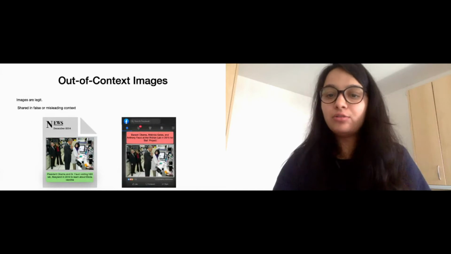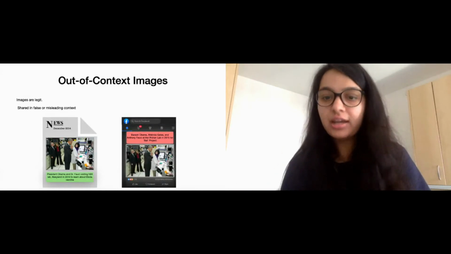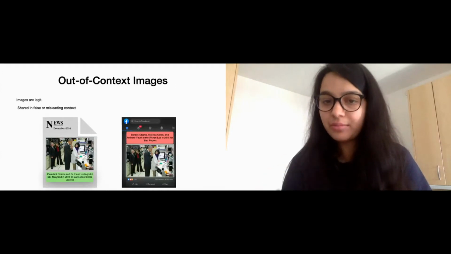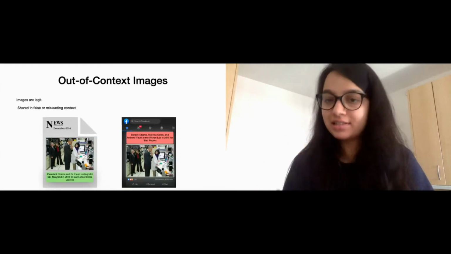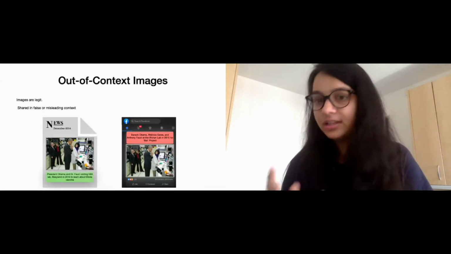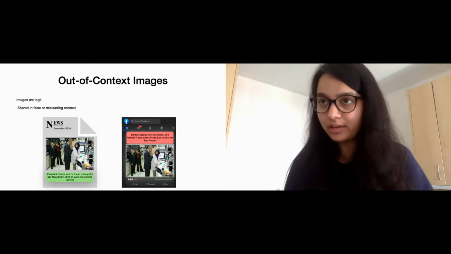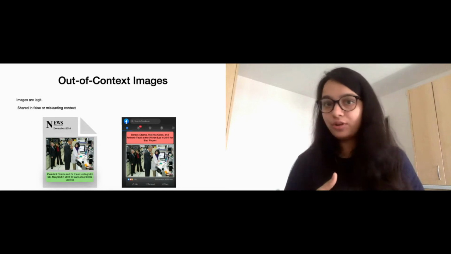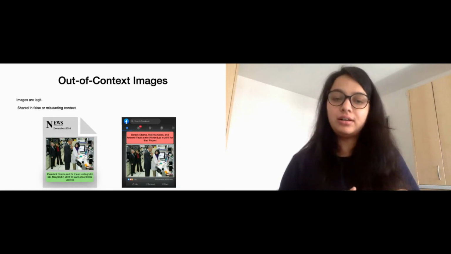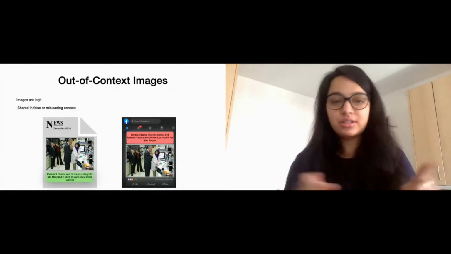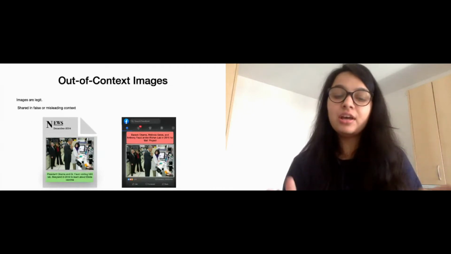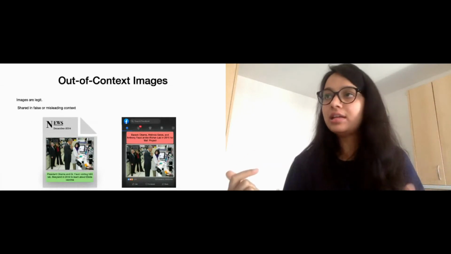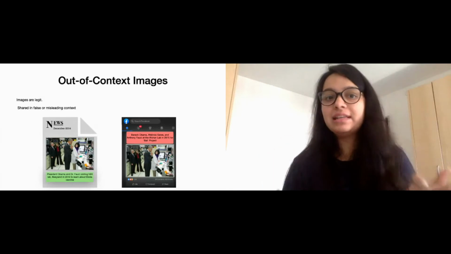After the outbreak of COVID, this image was shared with a caption that says that this is Obama visiting the Wuhan lab in 2015, and he's discussing something about that project. So this is the kind of misuse of images we want to detect, where the image is legit, people don't do anything with the image, but they share it with false or misleading information.